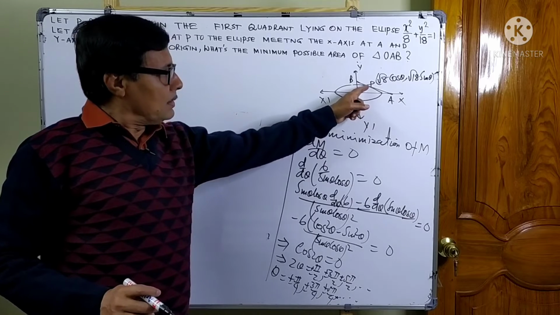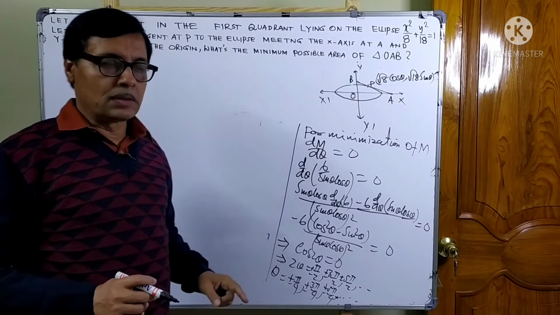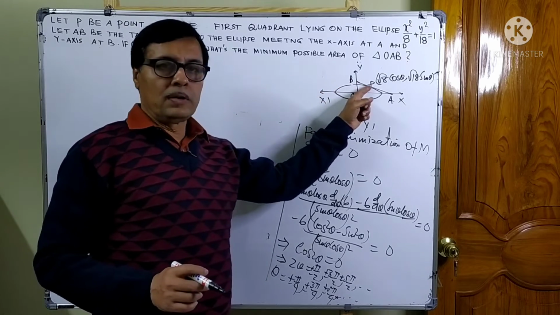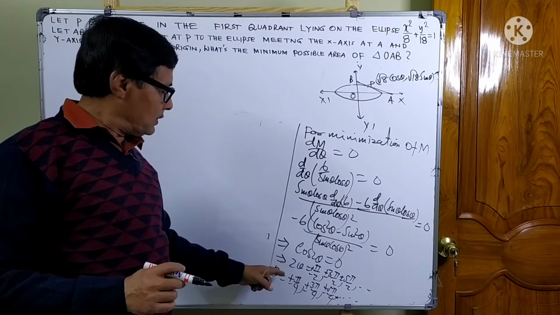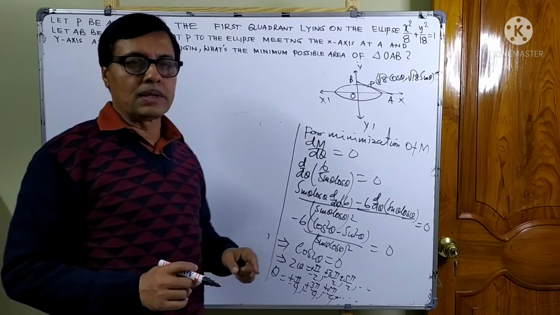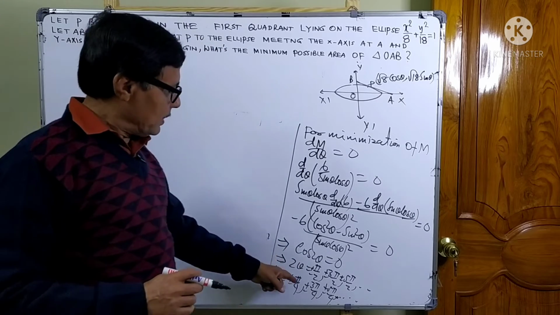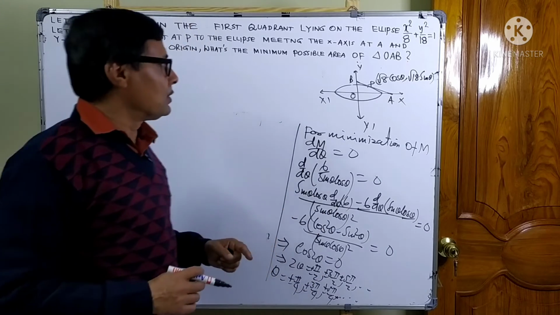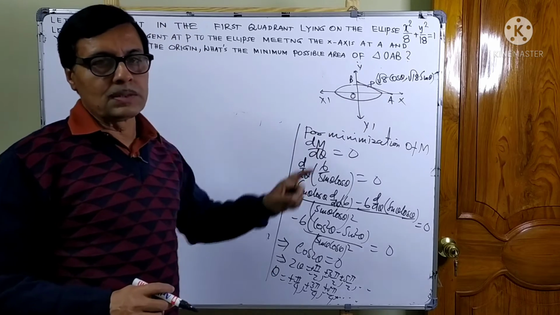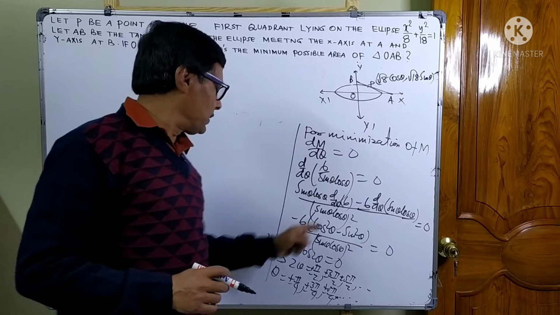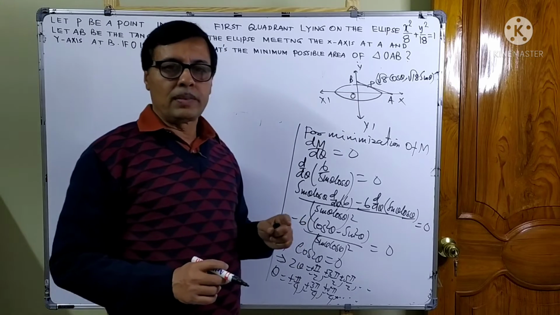As P lies in the first quadrant, only theta equal to pi by 4 is accepted. All other values are rejected because theta lies between 0 and pi by 2. Pi by 4 lies between 0 and pi by 2.